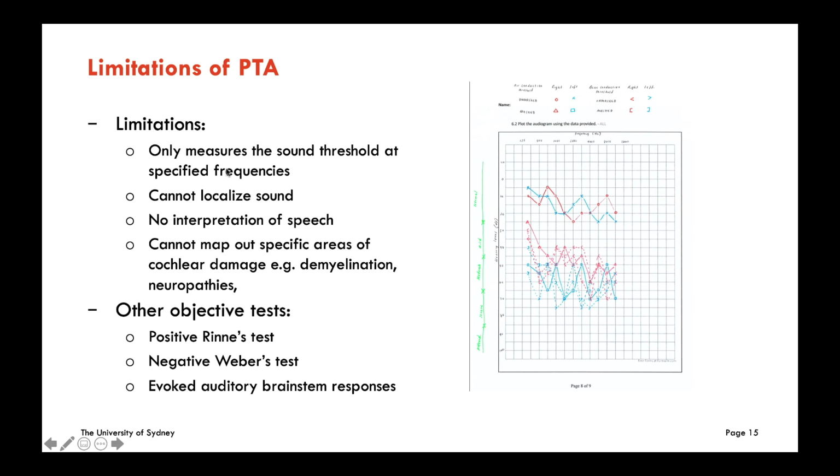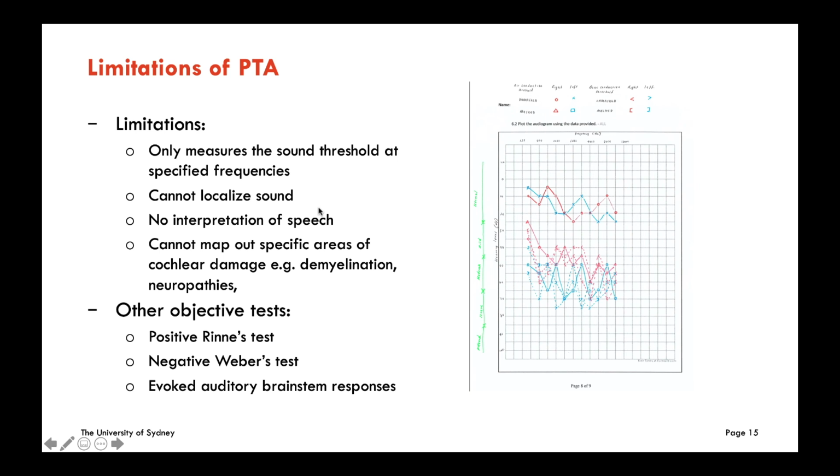It can also not localize sound, which is a function of the auditory pathway and the primary auditory cortex. And you cannot interpret speech, so it's very monotonal in terms of speech interpretation. It has no value with speech interpretation, and it's not useful when you want to map out the areas of cochlear damage, such as in inflammation or neuropathies.